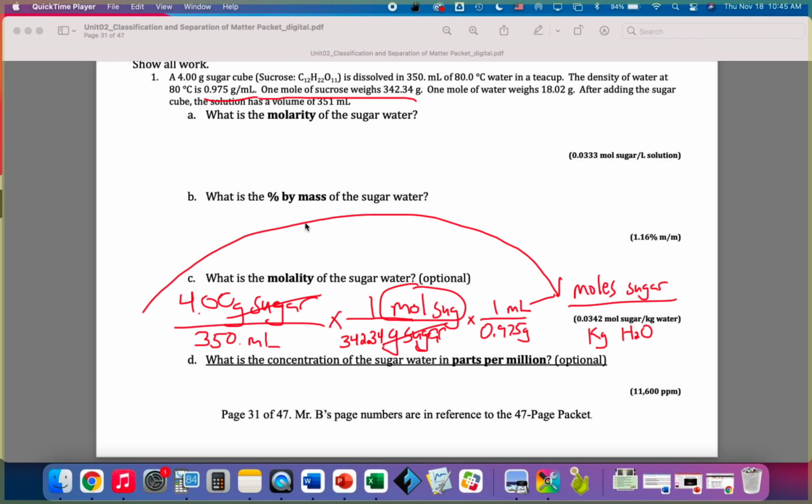So milliliters is gone. Milliliters is gone. So right now I have grams of water. And now that I'm pretty much right at the end of my problem, let me clean this up a little bit. Our last step is going to be changing that grams of water into my kilograms of water.